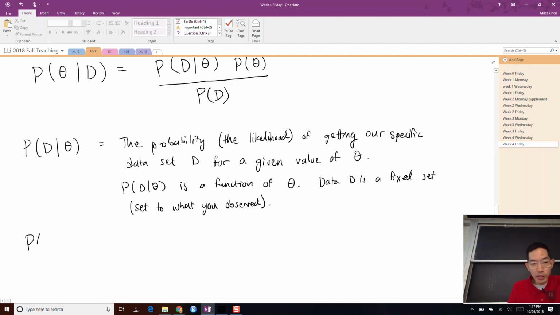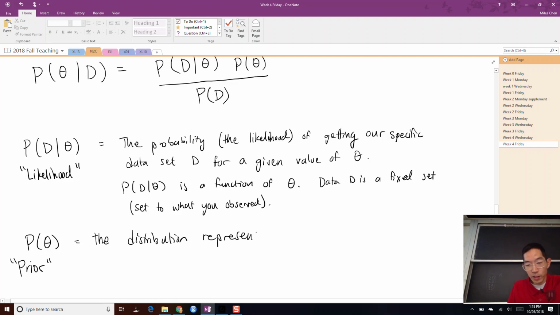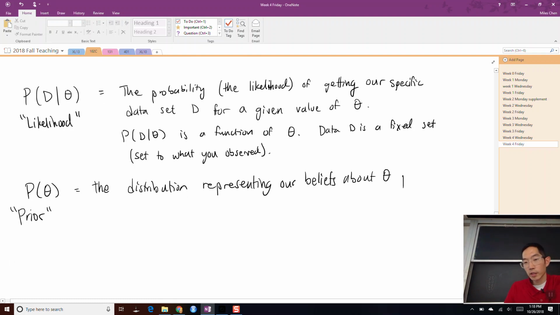The probability of theta, okay, so this is called the likelihood. And this one's called the prior. This is the distribution representing our beliefs of theta prior to looking at the data.